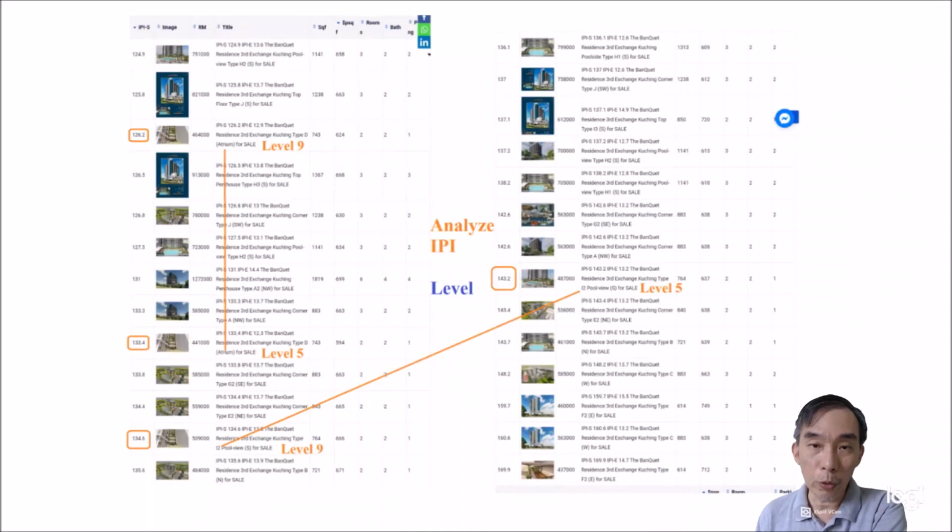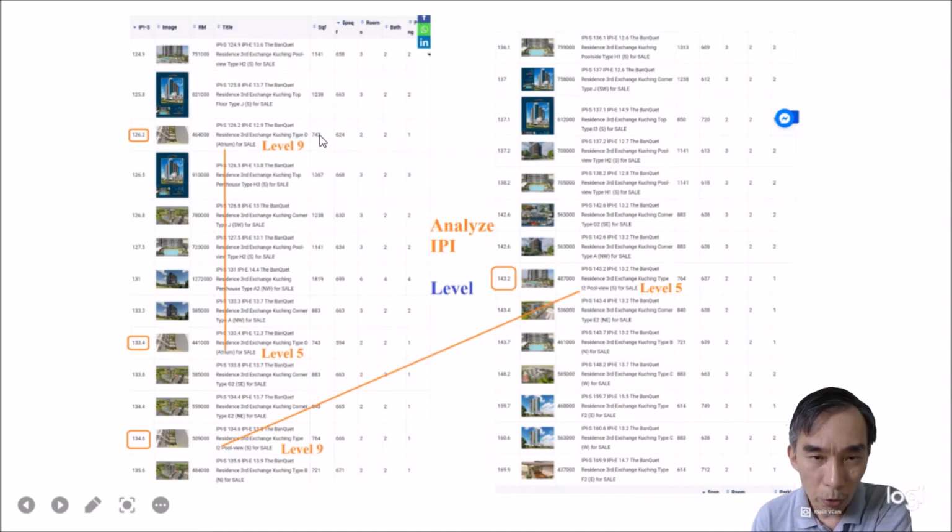For the analysis of the IPI on level, if you are buying a property at level 9, with the same layout and the same type of benefit, here 743 square feet with 2 rooms, 2 bathrooms, and 1 car park, at the price of 464,000 at level 9.